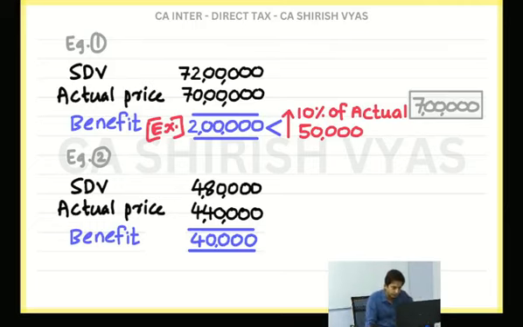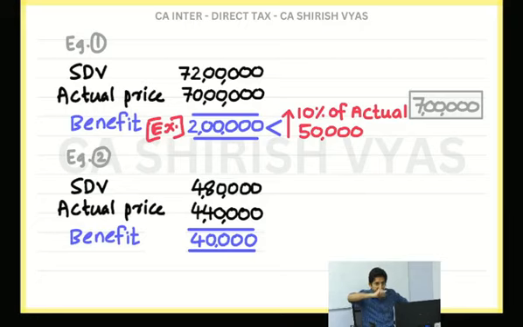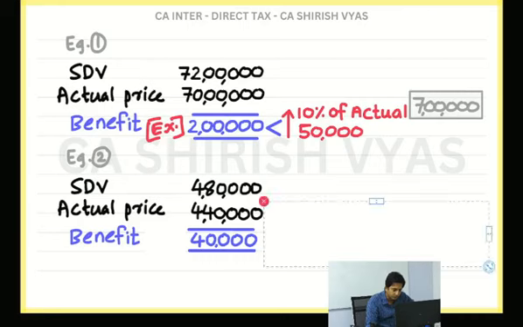Now try this one. First you have to calculate 10% of actual price, which comes to 44,000. Then compare with 50,000. And don't forget, you have to take whichever is higher. So compare 44,000 and 50,000. What is high? 50,000. Now 50,000 is higher. And what is the benefit you are getting? 40,000.